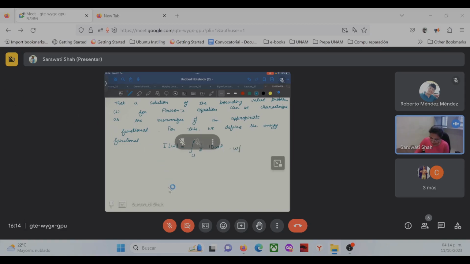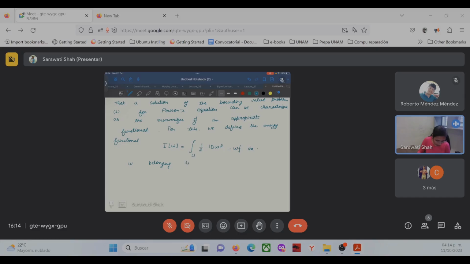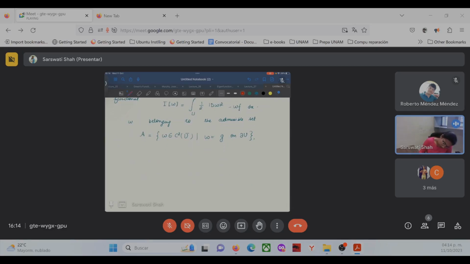Minus W f dx, and W belonging to the admissible set. Now write the theorem.